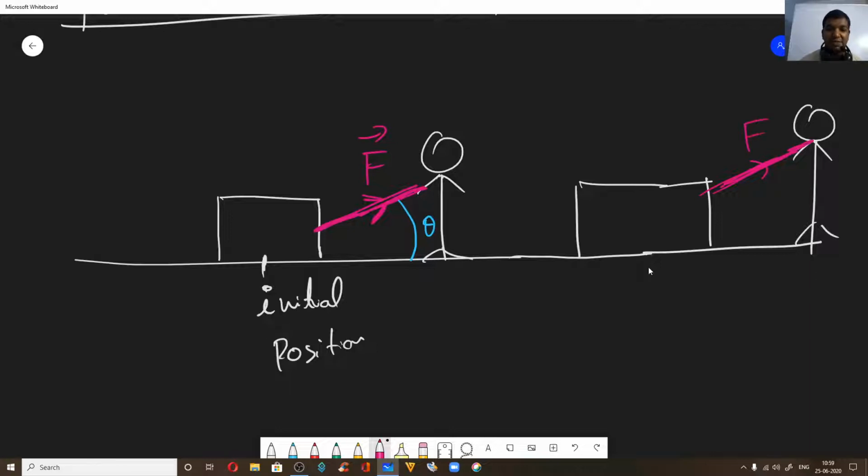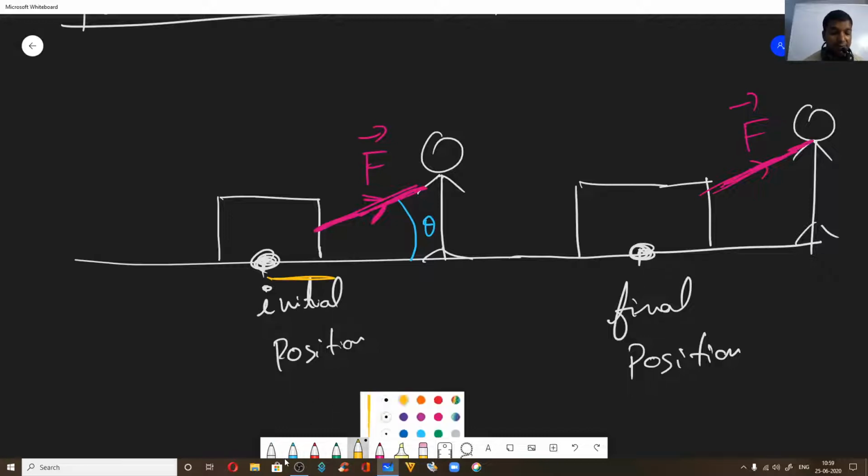Say there is no change in the force. Call this the final position. So what is the displacement from the initial position to the final position? This will be the displacement. Let me write the displacement as this. So this is actually the displacement, correct?